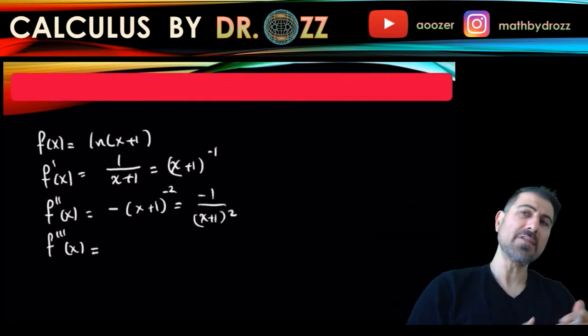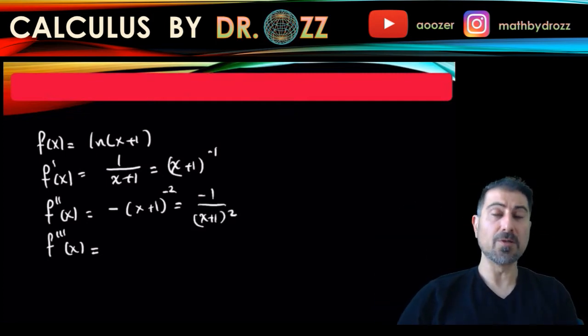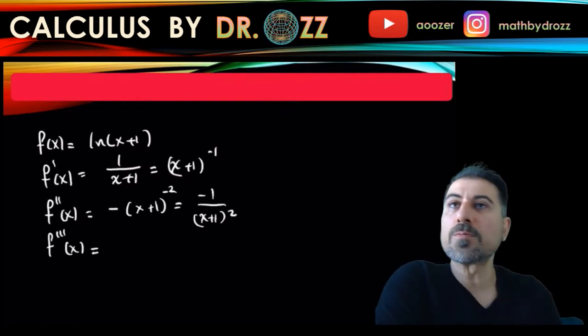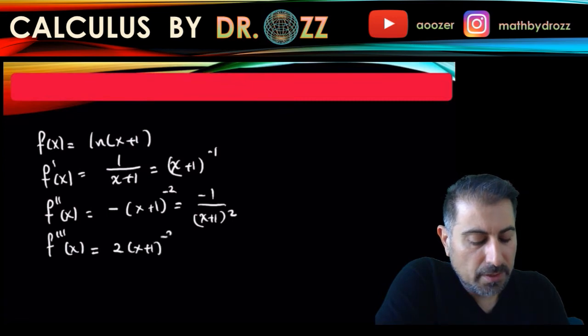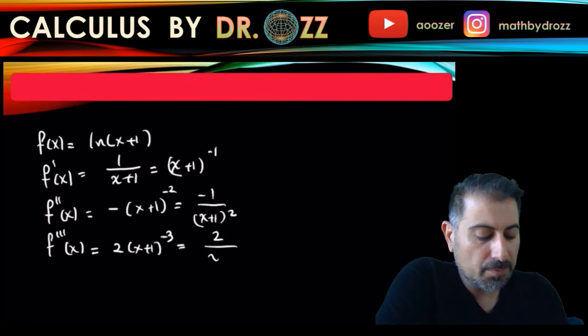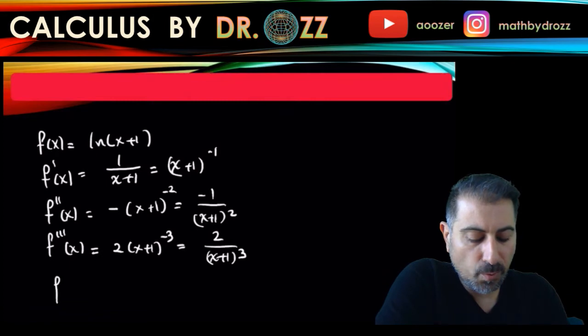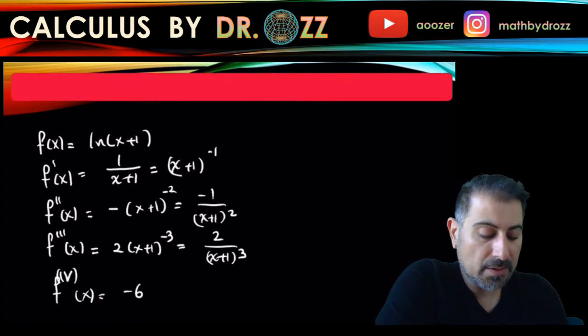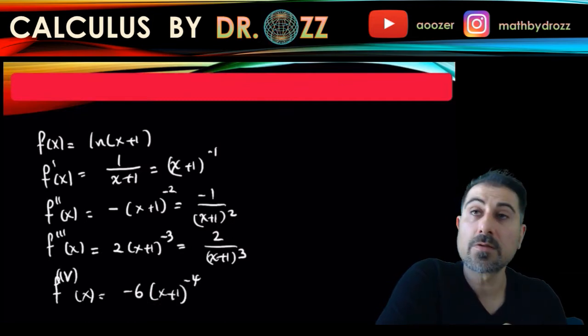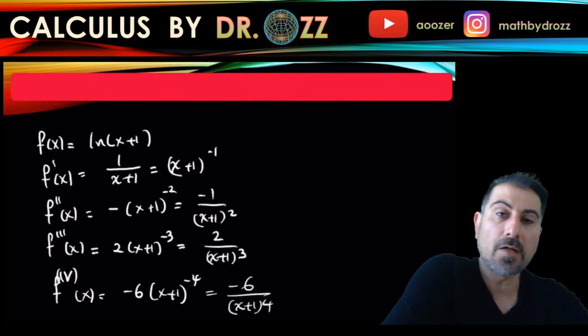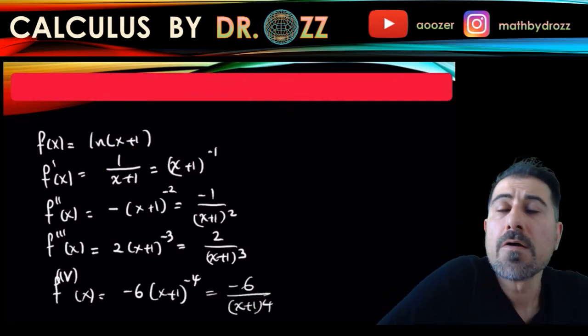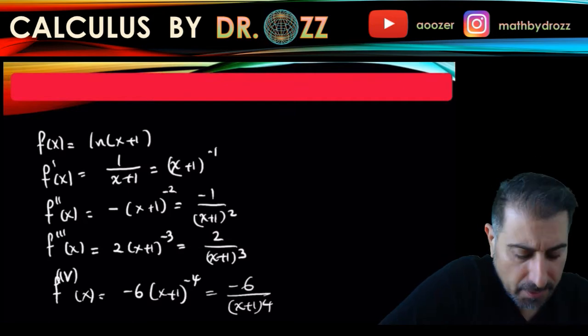So whenever I take the derivative, I use this exponent form, but I have to put it back in the fraction form, reciprocal form. Okay, so 2(x+1)^(-3), so 2 over (x+1) cubed. Let's do one more, fourth derivative. So that's minus 6(x+1)^(-4), which is equal to minus 6 over (x+1) to the fourth. All right, so now I'm trying to catch a pattern here.